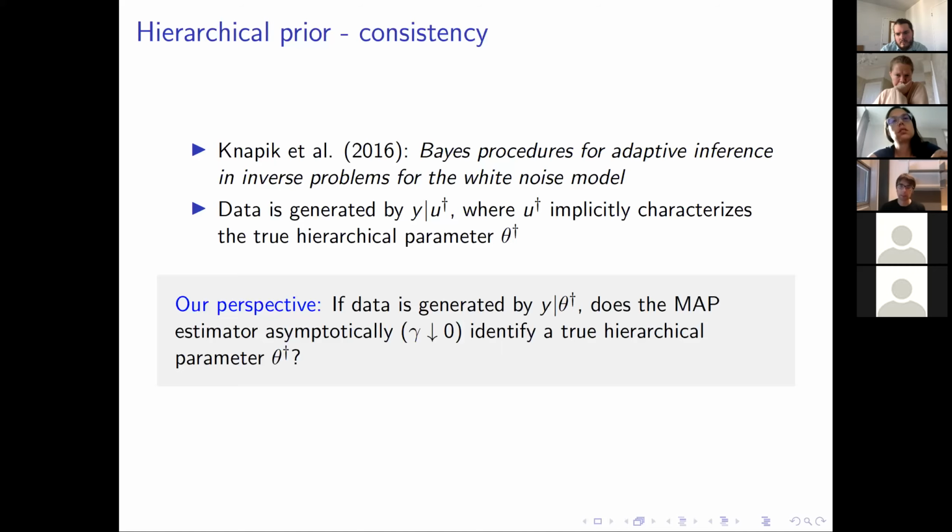And so we are asking, can we have this sort of, let's say, dirty scheme of recovering these hierarchical parameters consistently as noise goes to zero? Or do the MAP estimators recover the true hierarchical parameters?